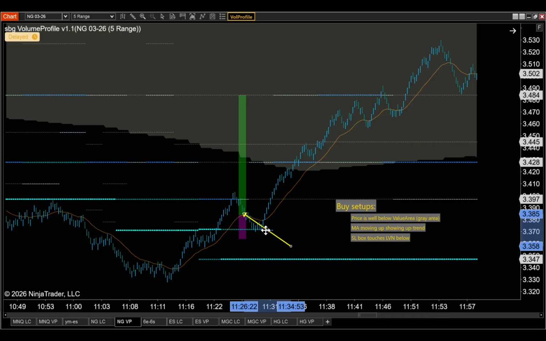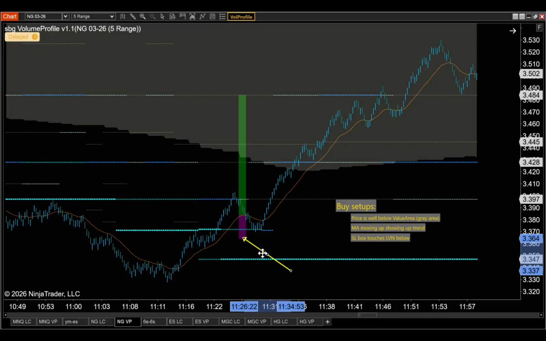So the price is moving up, and it retraces down to this pretty significant value area right here. That's what we want. We want to look for entry in this region. Now, thirdly, the stop loss box touches the LVN below. The stop loss box is produced by volume profile, and that's this maroon colored box.